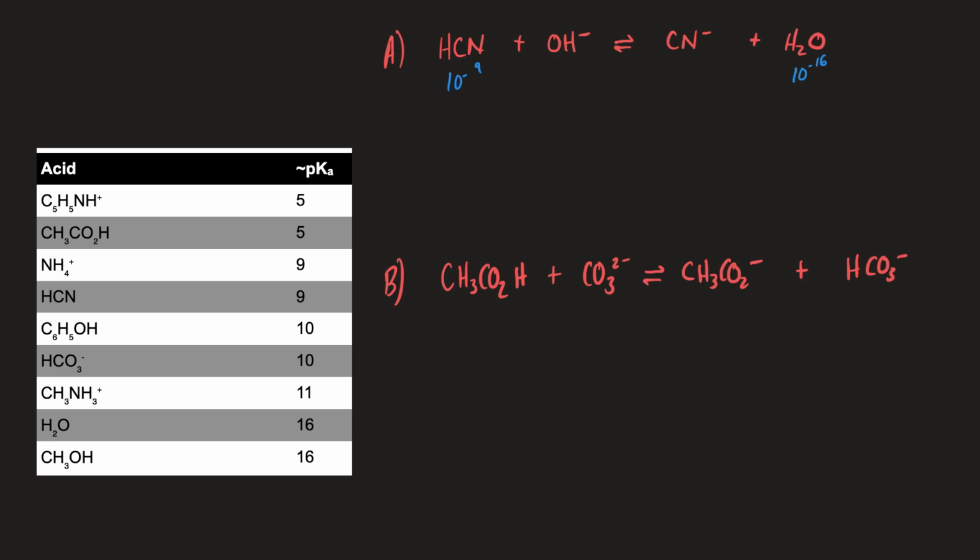In that case, we can clearly see that water is the weaker acid, so it will hold on to the proton more, or we could say will dissociate less than HCN will, and that is going to make this equilibrium lie to the right side. So here we'll favor products. Again, that H2O is going to hang on to that proton.